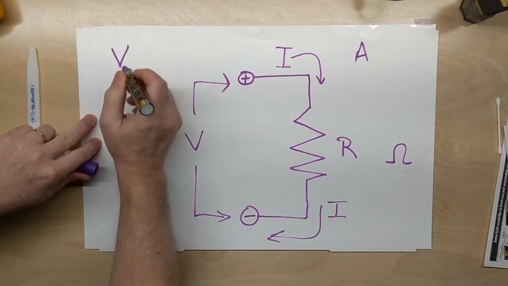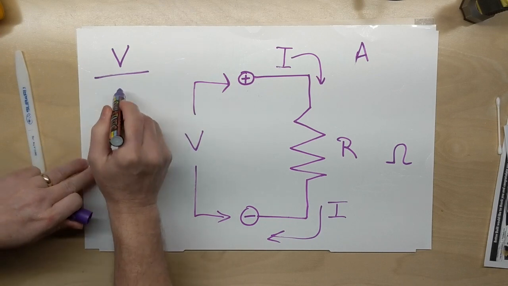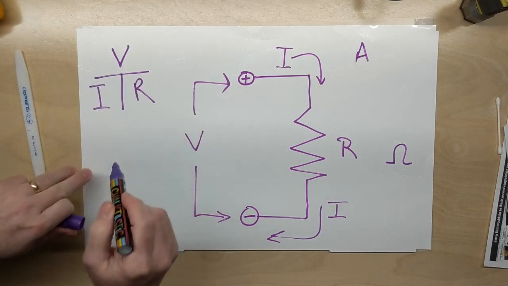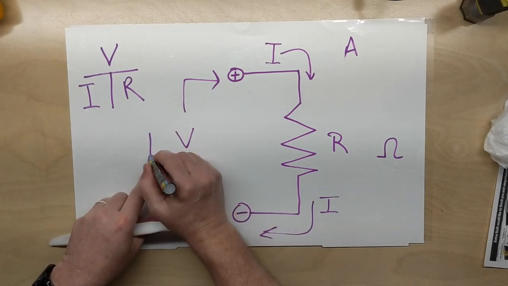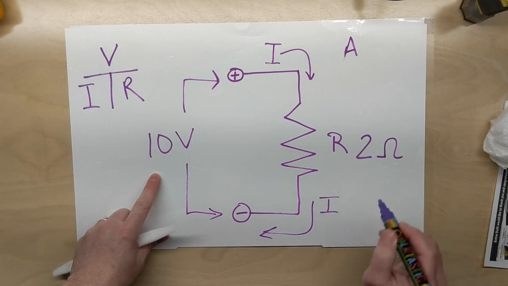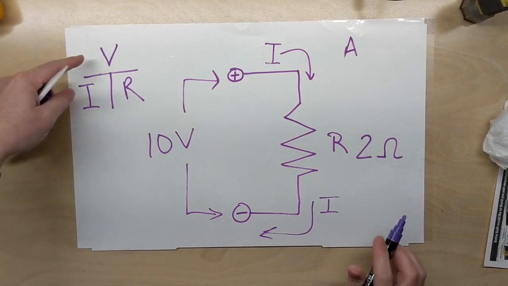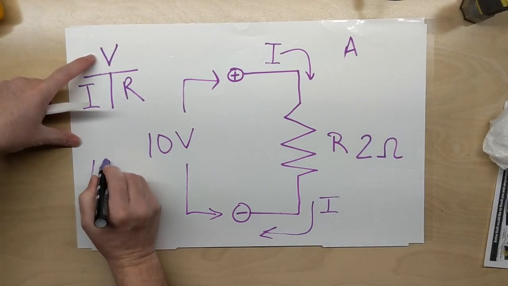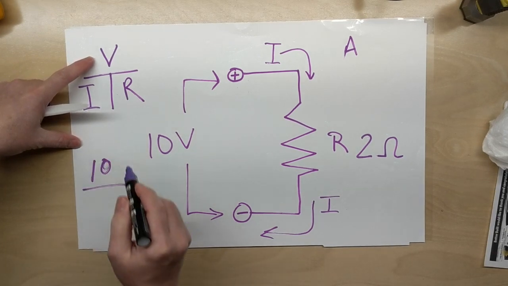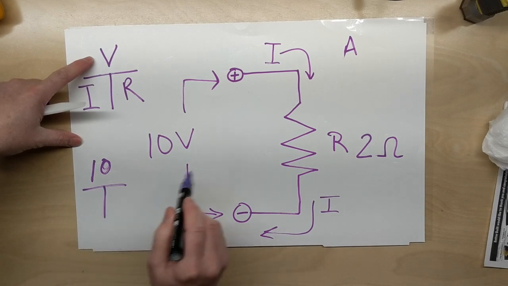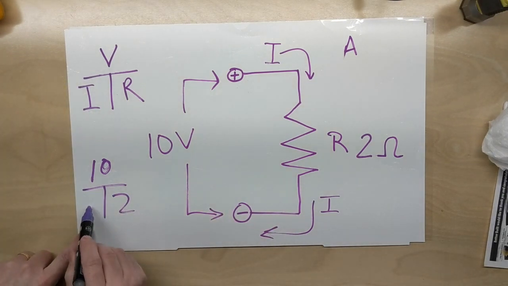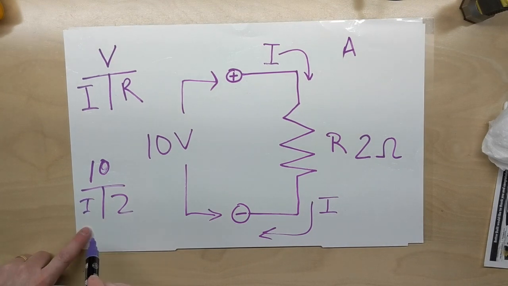Let me try to draw this a little bit better. Now let's say we have 10 volts, and this is a 2 ohm resistor. So we have 10 for our V. Our resistance, our R, is 2, so we need to find our I. So what is our I?